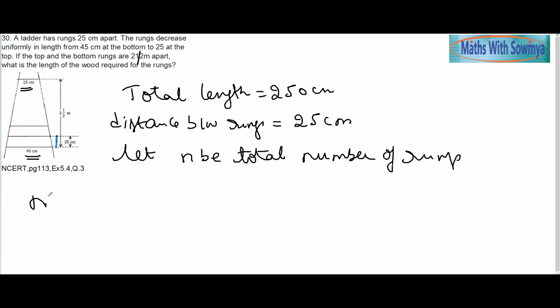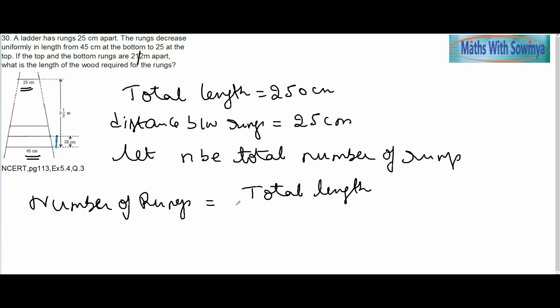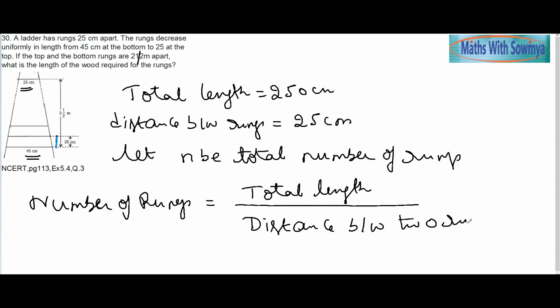So the number of rungs will be the total length divided by the distance between the two. This is n, and the total is 250 by 25 plus 1, I have to add up here.